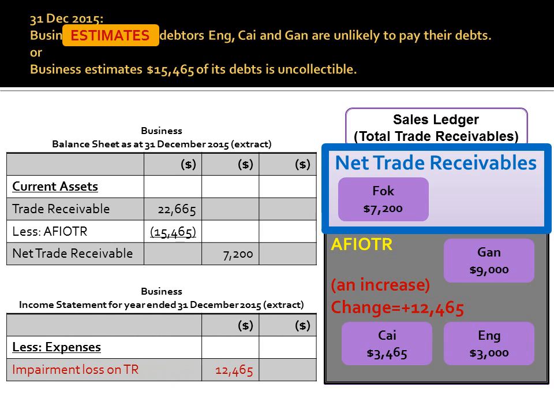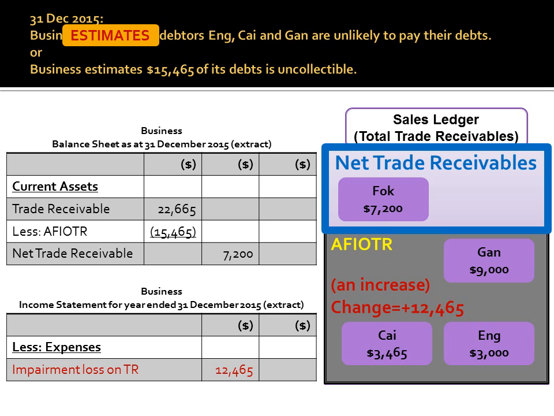In the income statement, we would see the change, which is an increment of the allowance for impairment of trade receivable account, being recorded in the impairment loss on trade receivables account. Take a look at how the balance or the amount in the allowance account is different from the impairment loss account, because both of these items measure different things.